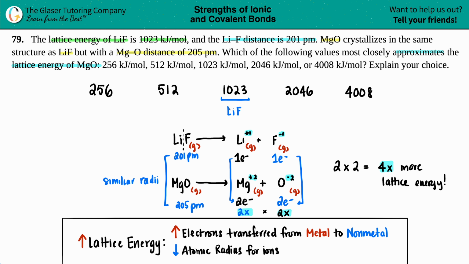So 1,000 times 4 is roughly 4,000. So I'm not going to choose the 2,000. I'm going to go straight to the 4,000 because of those 4 times the amount of electrons being interacted with. And this would be for magnesium oxide. And that is the final answer.